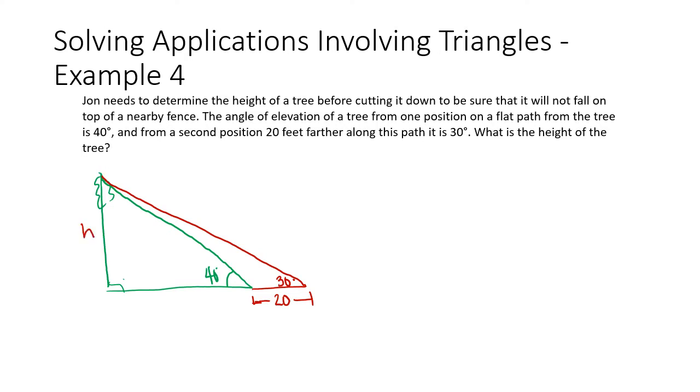When I look at this, I see a few things. I see a right triangle as the green one, but I don't have enough information to do right triangle trig.